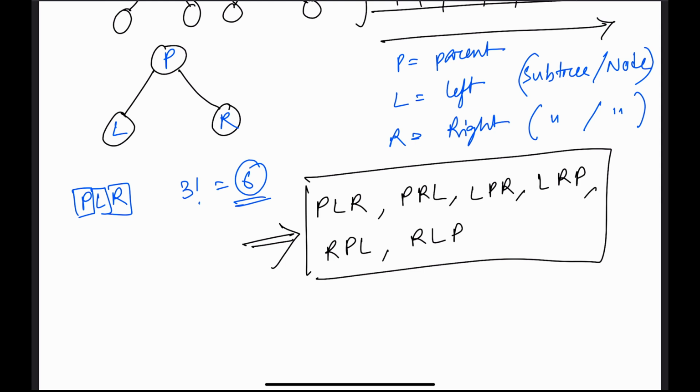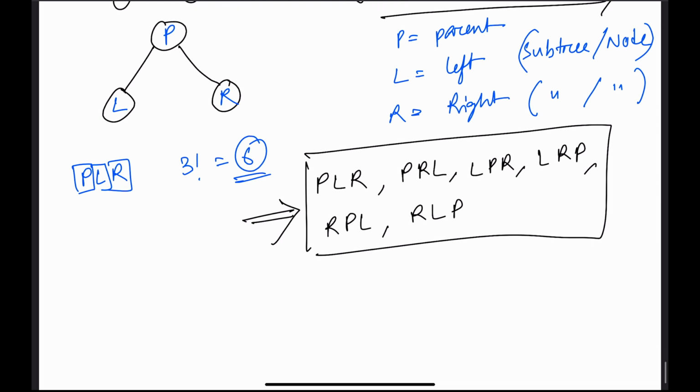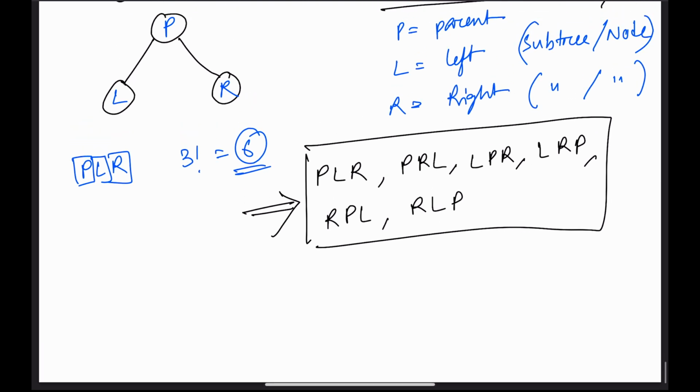Let's take into consideration what is by default generally, those who have invented all those things have taken in such a way. We are considering that we would always be traversing the left part before the right part. That means left will always be to the left of the right node. Okay, so if we see that, then PLR could be a thing, then LPR could be a thing and LRP could be a thing.